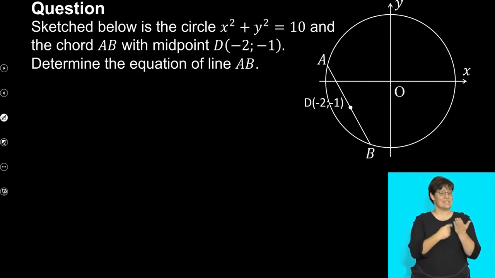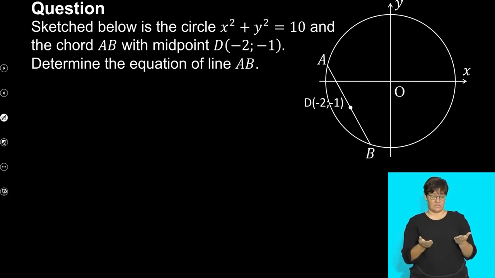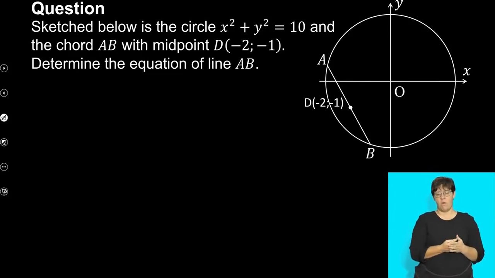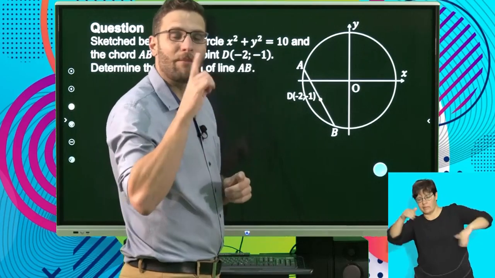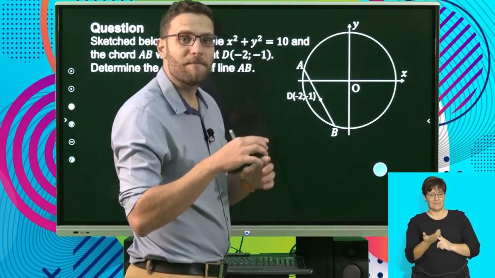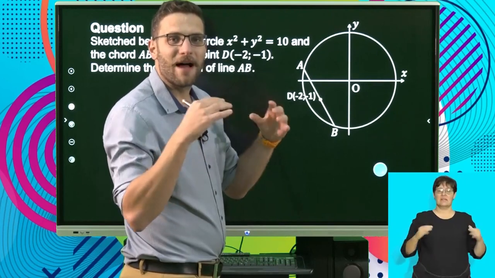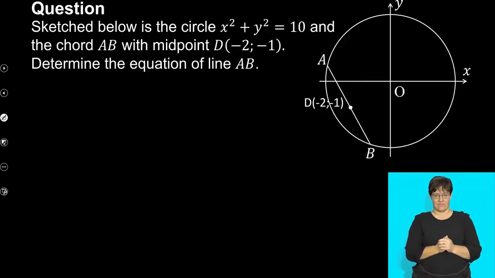We've discussed this quite a few times, but when it says determine the equation of something, a parabola, a line, a hyperbola, a circle, I'm always going to start by writing my standard form. That standard form is y equals mx plus c. What do I need to find?